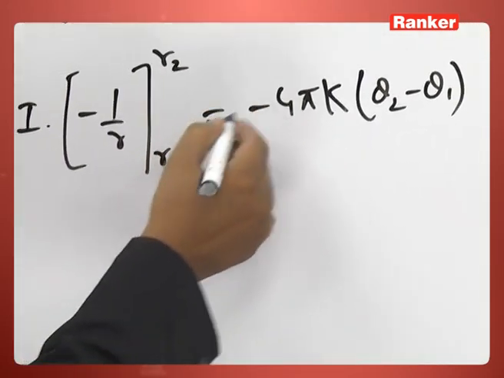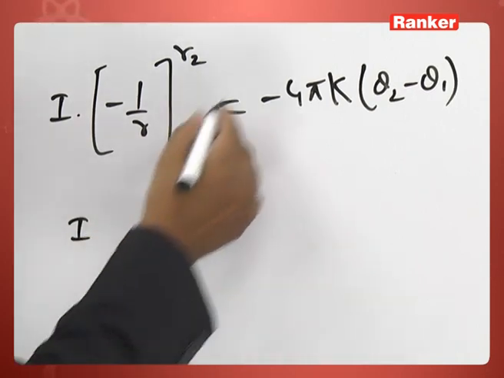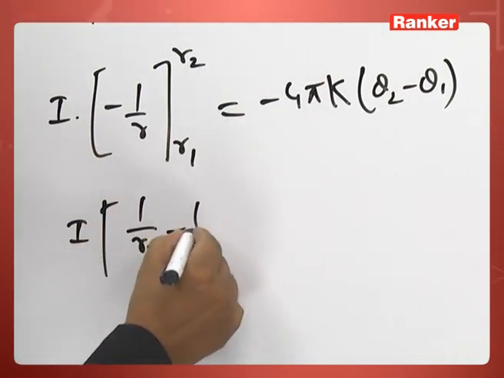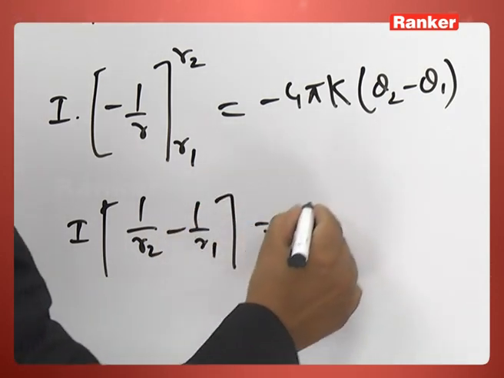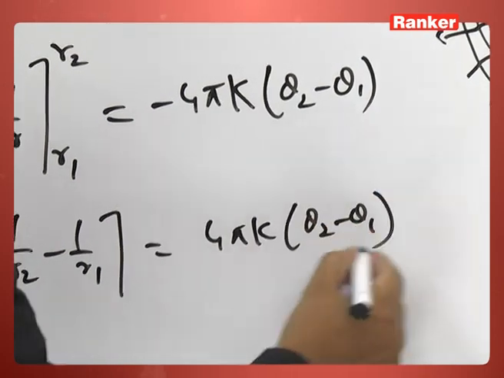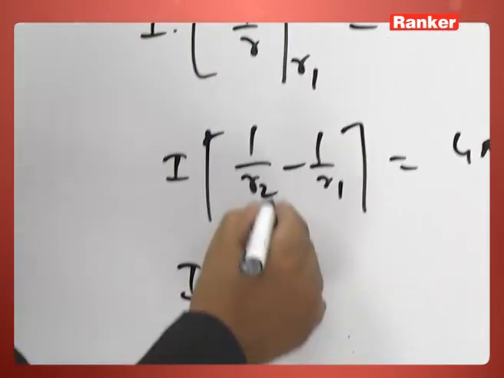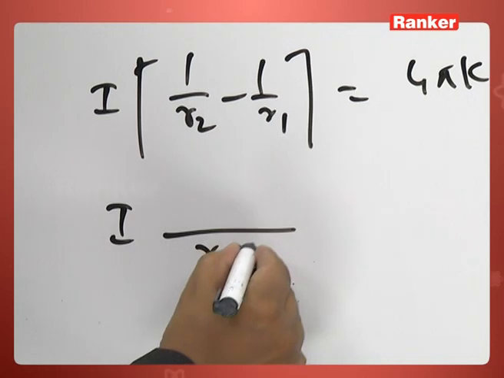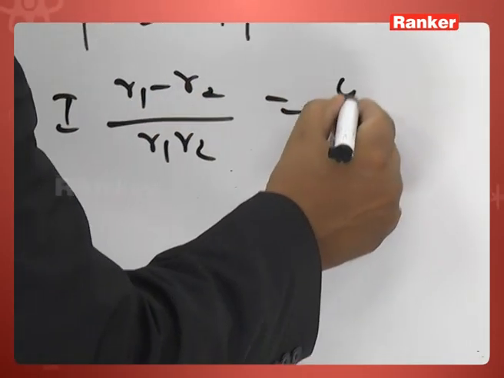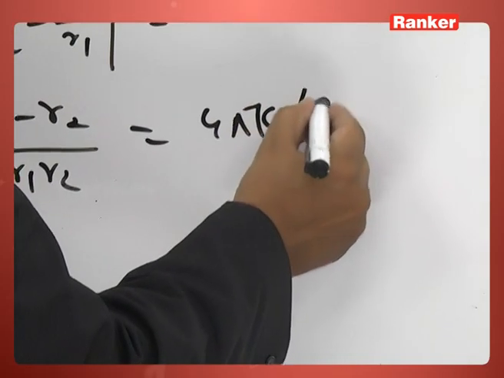Again you can take out the minus. So, it will be 1 by r2 minus 1 by r1, equals 4 pi k theta 2 minus theta 1. So, this is again r1 r2 and this is r1 minus r2, 4 pi k theta 2 minus theta 1.